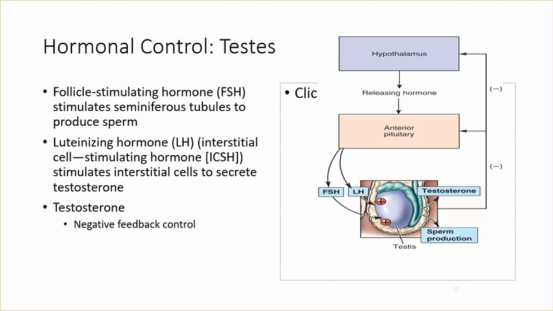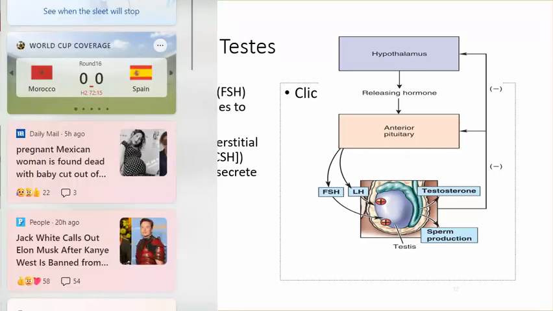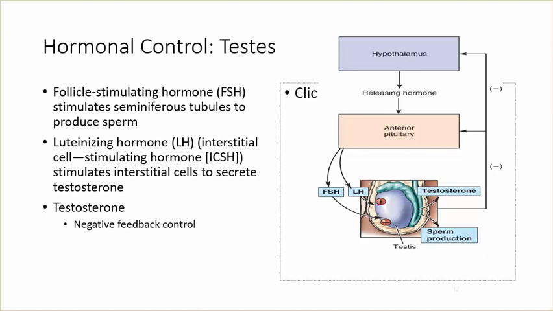So the amount of testosterone controls the amount of testosterone in a negative feedback way, so that we have a homeostatic balance and we have the right amount of testosterone. Cool?